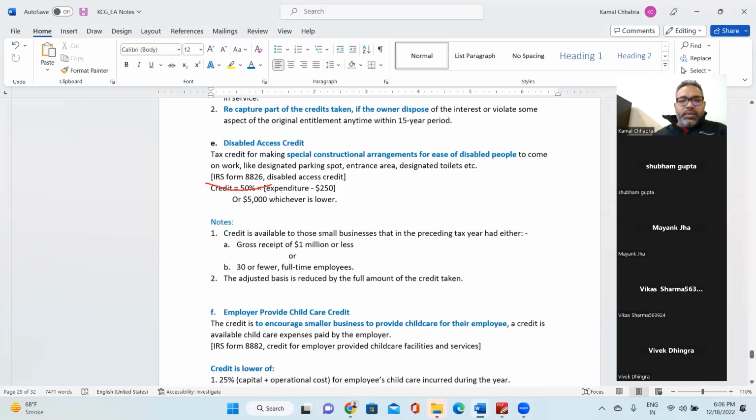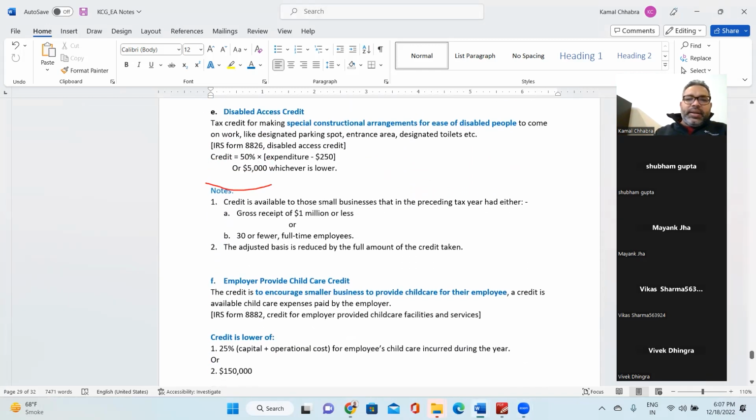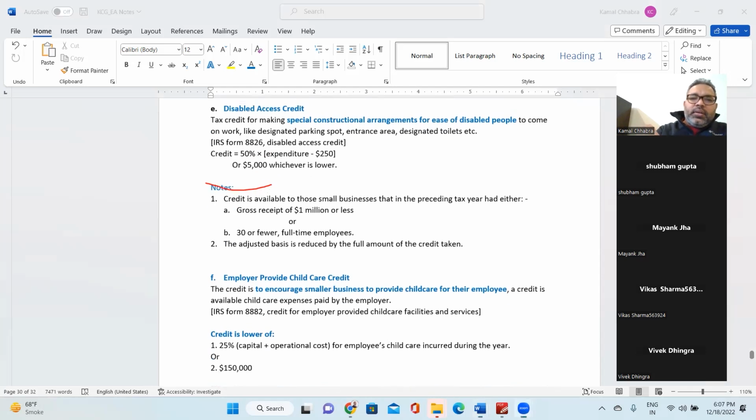Okay, so next one is disabled access credit. Like we were discussing earlier, in the US, if any of you have been to the US, you might have seen specific consideration has been given for disabled people.